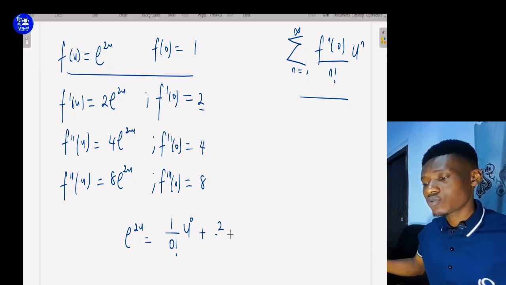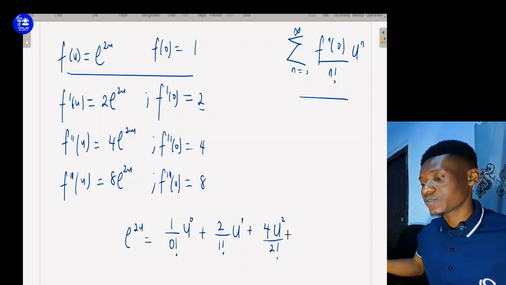So 2 over 1 factorial u to the power of 1, plus 4 u to the power of 2 over 2 factorial. Interesting. And the third one, 8 u to the power of 3 over 3 factorial.